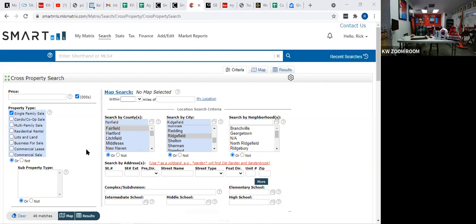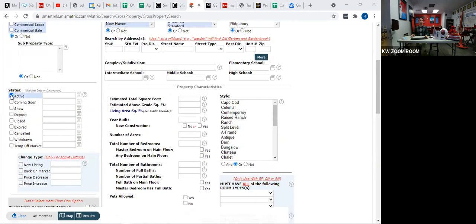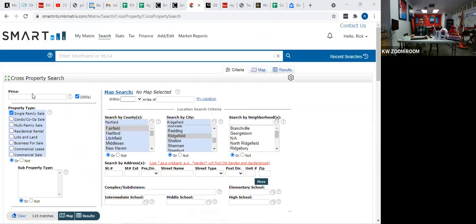The other thing that I would encourage from a seller's perspective is this: you've got show and deposit, right? The example property was in the $600 to $800 price range.